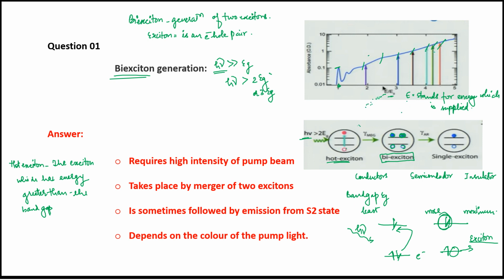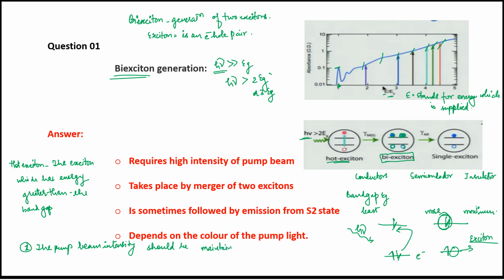So, the point of interest here is how the bi-exciton will be generated. First of all, the condition for bi-exciton generation is the pump beam intensity should be maintained low.